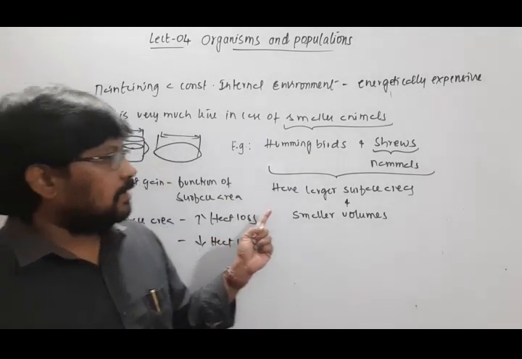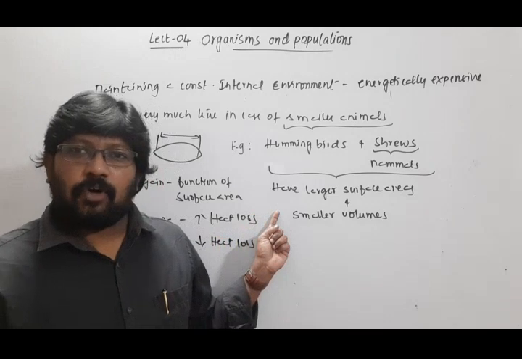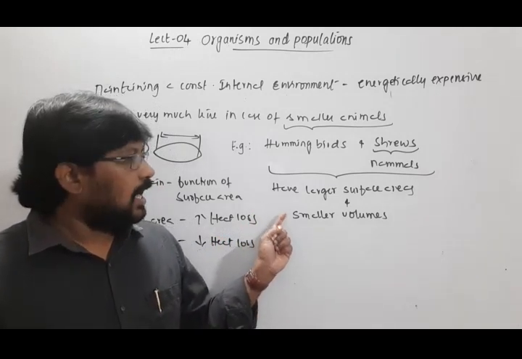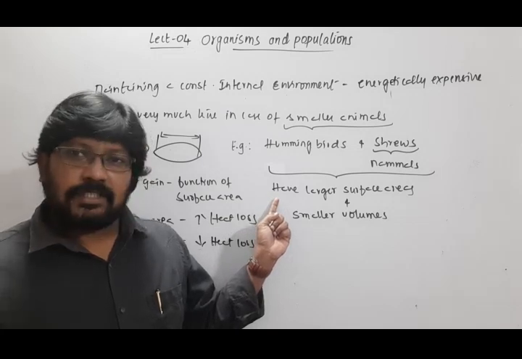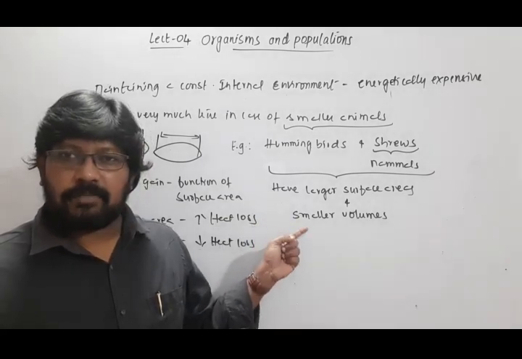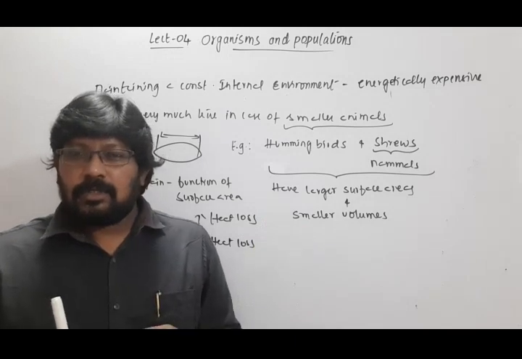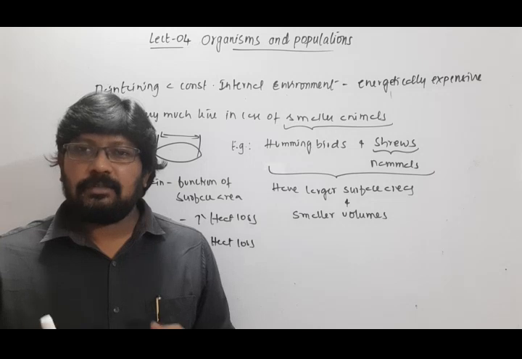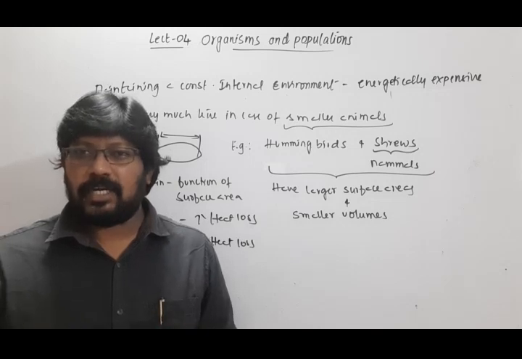In the case of hummingbirds and sheep, their volume is very small, hence the heat generation is very little. Their surface areas are larger compared to the volume. Hence, to compensate for the heat loss, they need to generate a lot of heat, which requires a lot of energy.